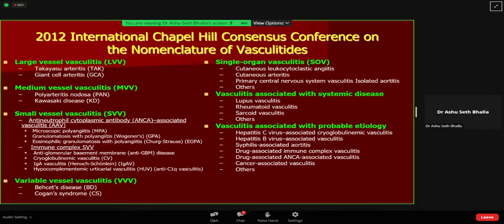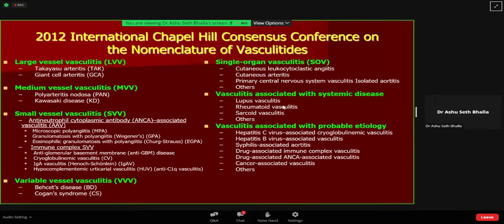Then the other 2 categories say that vasculitis associated with systemic disorders means that a medium vessel or small vessel vasculitis is also involving multiple systems. But here the predominant problem is the vasculitis.